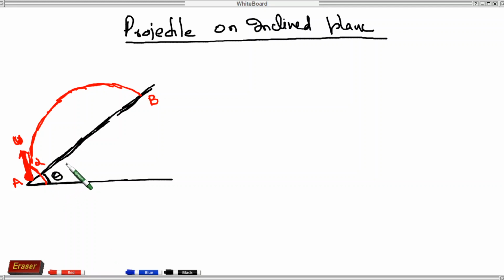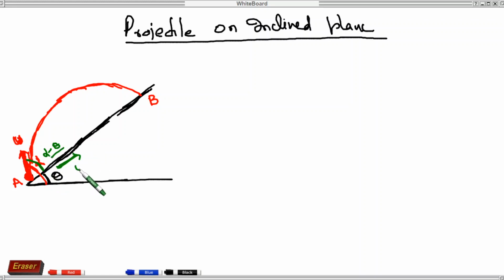So, what would be the velocity components when we break them along this part? This angle is alpha, but this angle will be alpha minus theta.